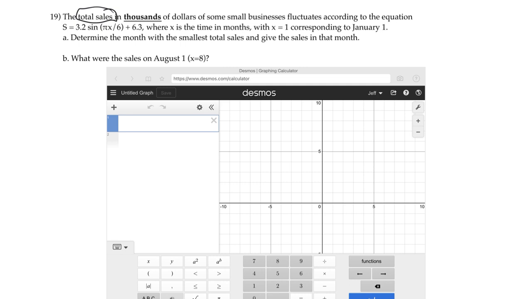So y equals 3.2 sine of pi x divided by 6, and then I have to close the bracket, plus 6.3. There. Okay, so there's my graph.